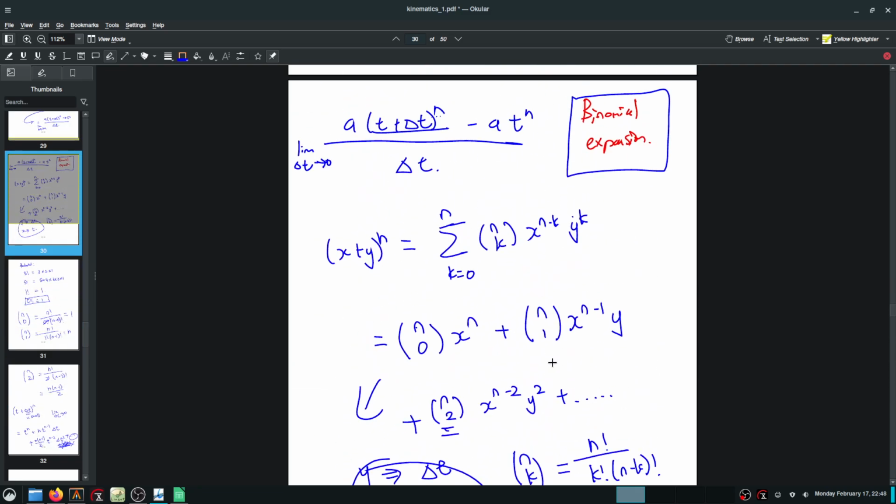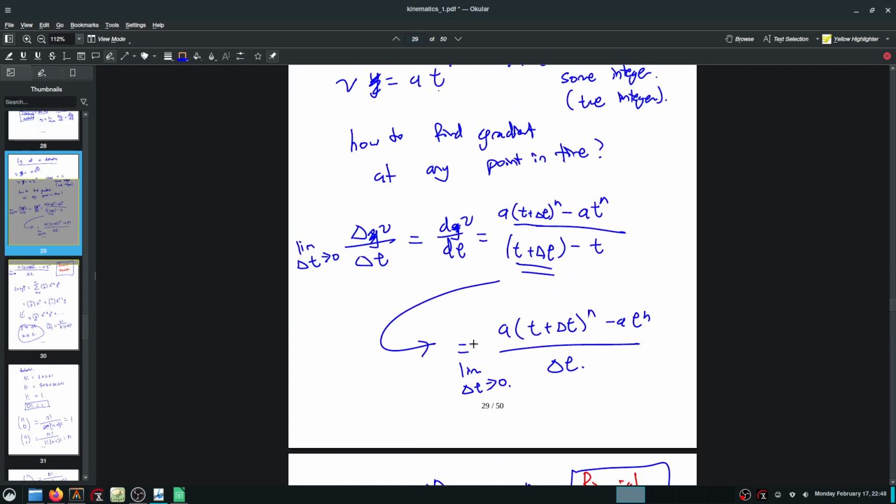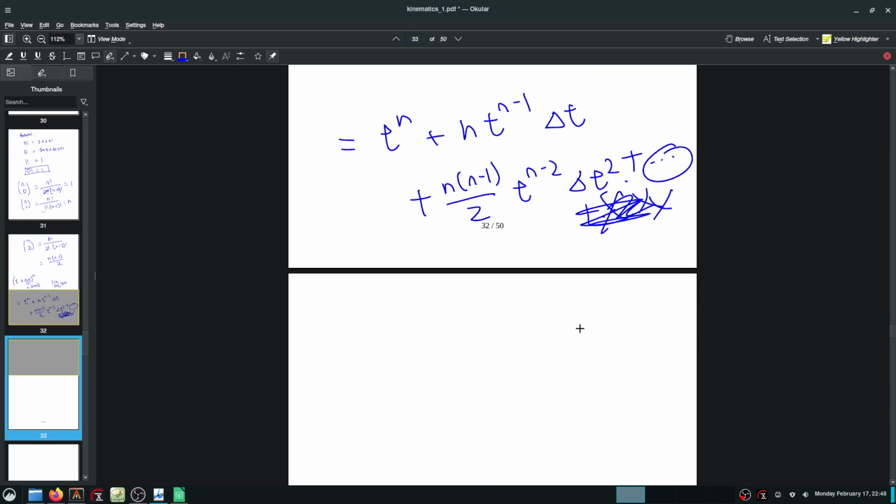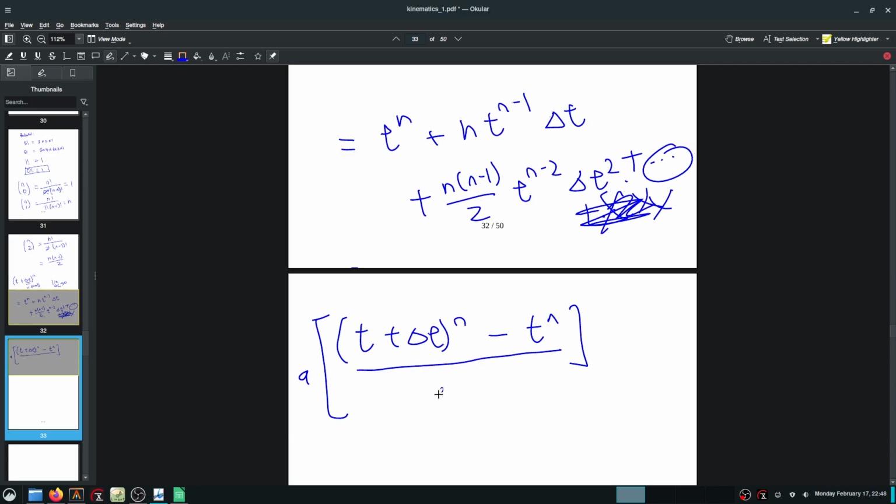So let's substitute this back into this formula. We have t plus delta t to the power of n minus t to the power of n. I'm going to factorize the a out because there was an a before. And at the denominator, there's a delta t.